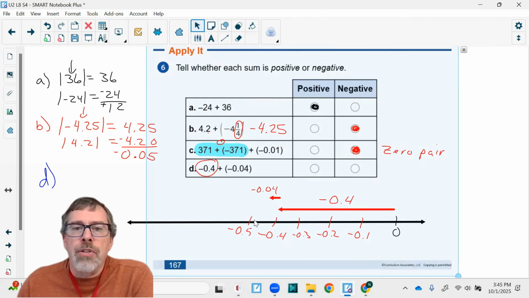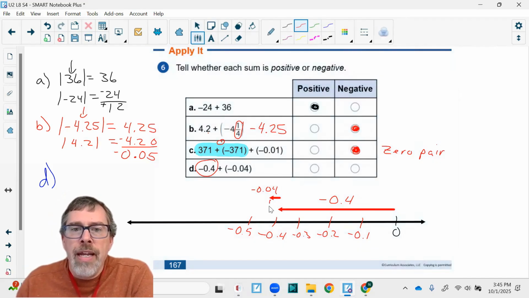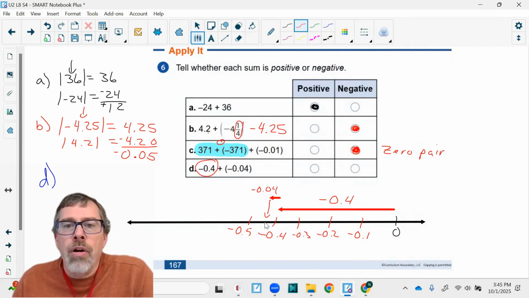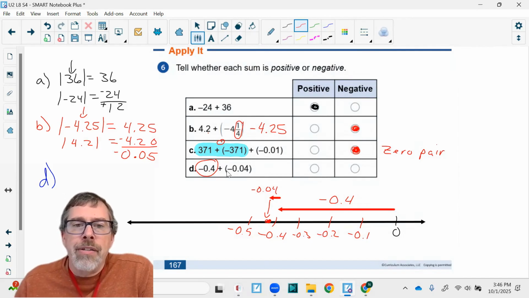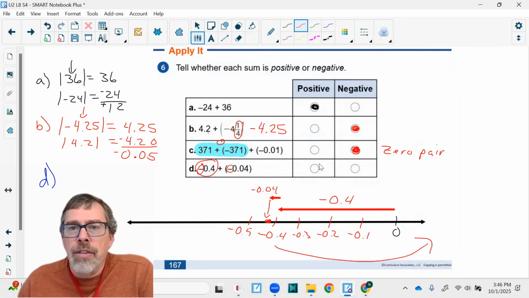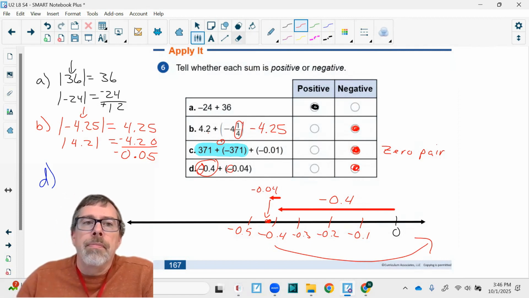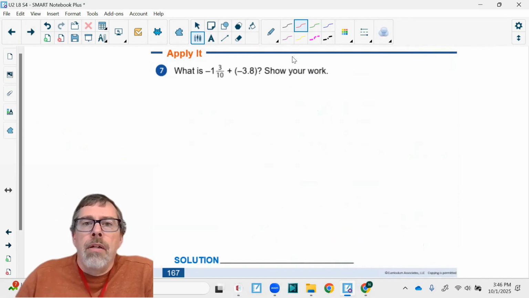So the actual answer, it doesn't matter the length of it, but we are at the point of negative 0.44, which is right here. So what I'm getting at is if you go left of 0, which is what a negative tells us to do, and you go left even further, it is impossible to be over here. So the answer has to be negative.